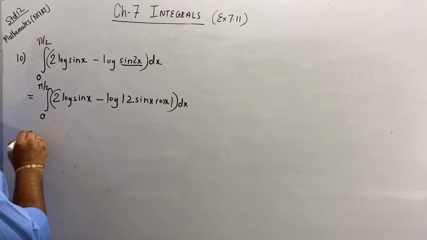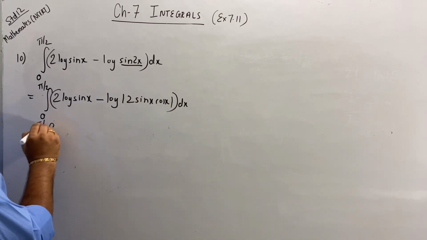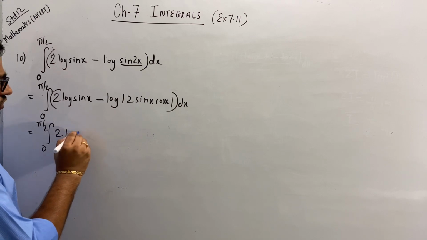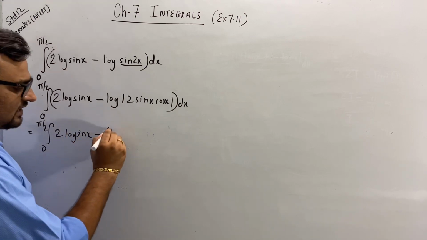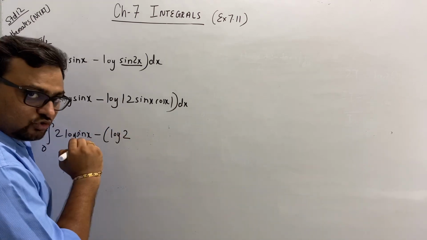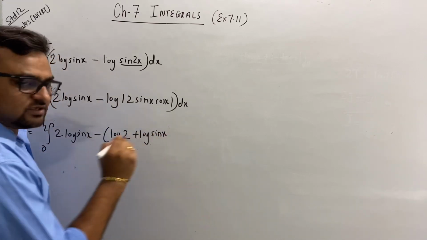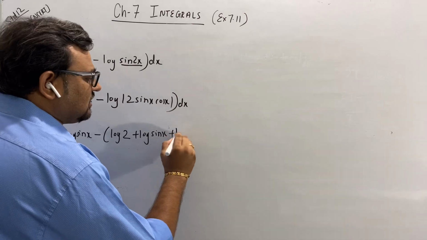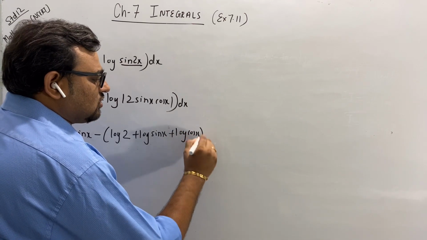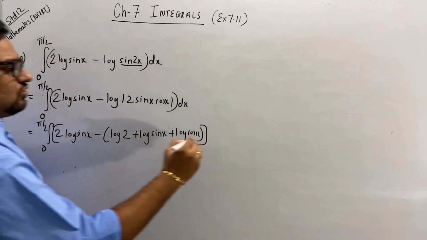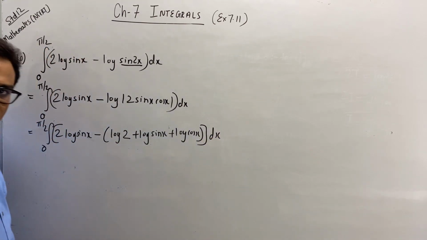So I can write the integral from 0 to pi by 2 of 2 log sin x minus log 2 plus log sin x plus log cos x, whole dx.